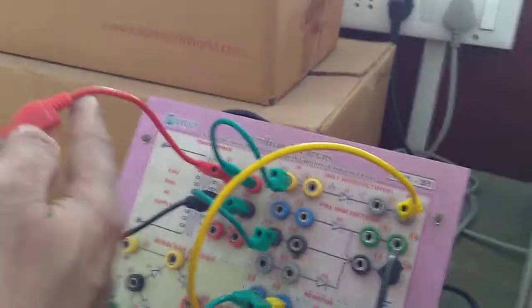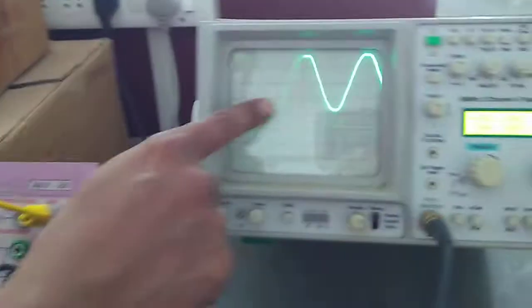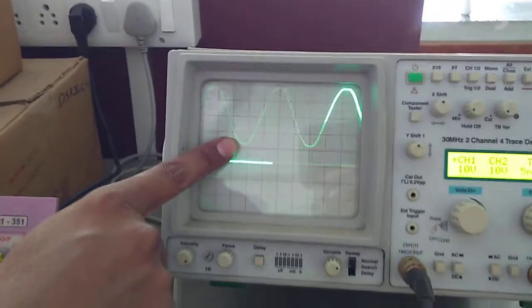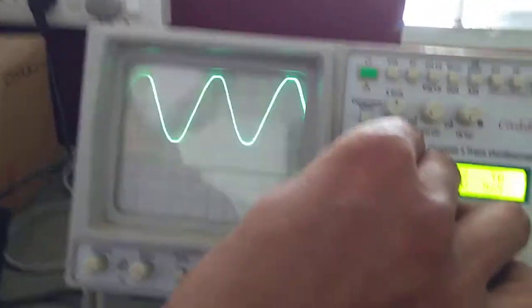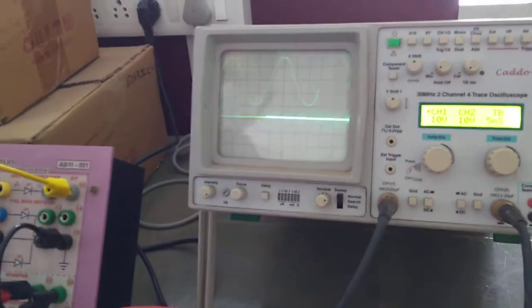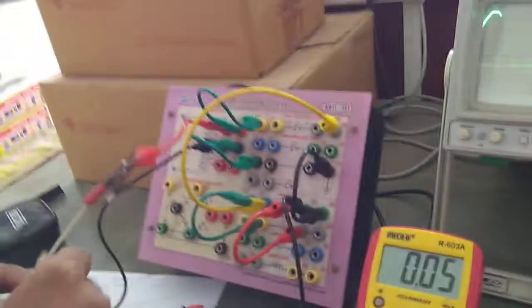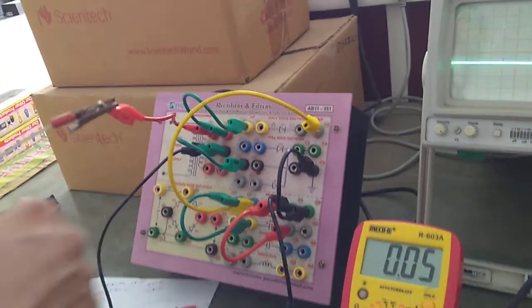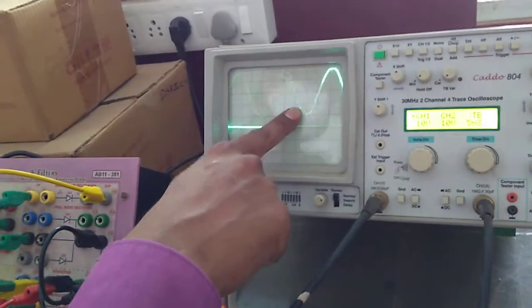So I have connected the CRO probes in this circuit, and the output waveform is obtained here. So this is the input wave. I have used the word output because this is actually the input for the circuit, and it is through this cable connected to the CRO.